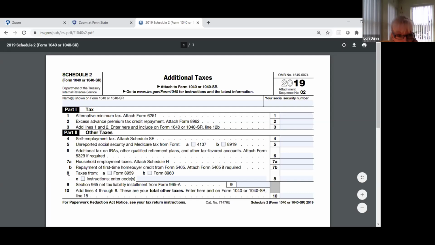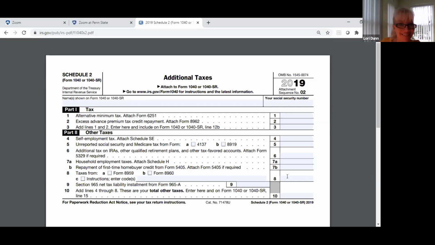Probably one of these taxes in here, like line 8. That's what I'm guessing. These additional taxes are usually reported on Schedule 2, so I'm guessing it'll be on line 8. You might have to file an additional form, and that's where your net investment tax goes. And while we're here, we're going to be talking about the next tax, alternative minimum tax.